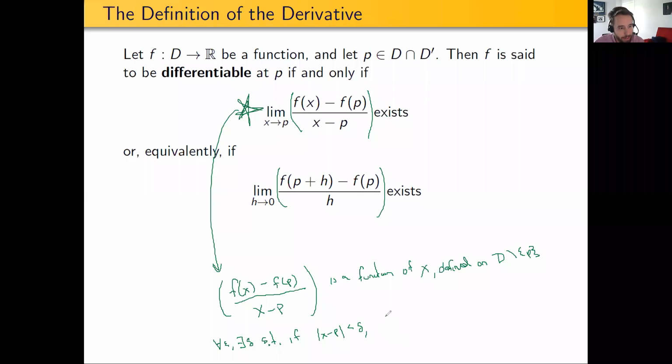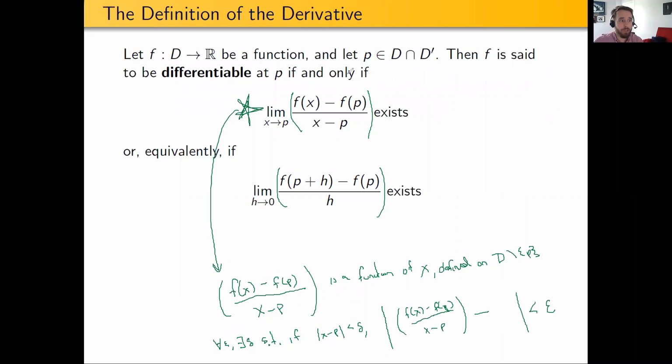And let me write that up quickly. So we would have that quantity, f of x minus f of p over x minus p, minus the given limit, its absolute value is less than epsilon.